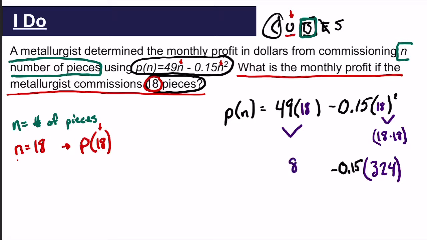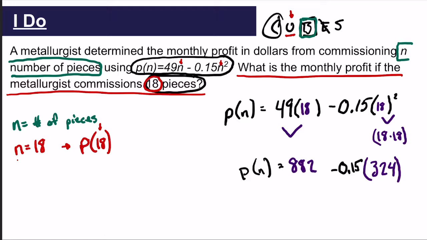So here, 882 equals P of n. We brought down our function by doing our computation.